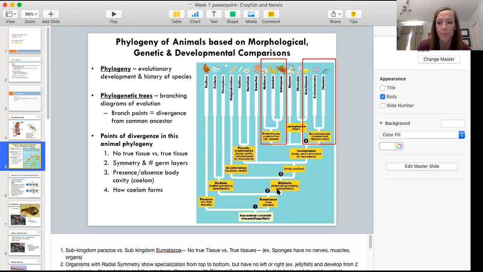So symmetry is an easy to understand concept, right? If the organism has radial symmetry, that means it can be cut on any plane, right? In a circle, basically, that will show equal halves, right? You can cut it in half on any plane, top to bottom, and you'll see that it has symmetry. Versus bilateral symmetry, which is the second group here, means that you can only cut it along one plane.